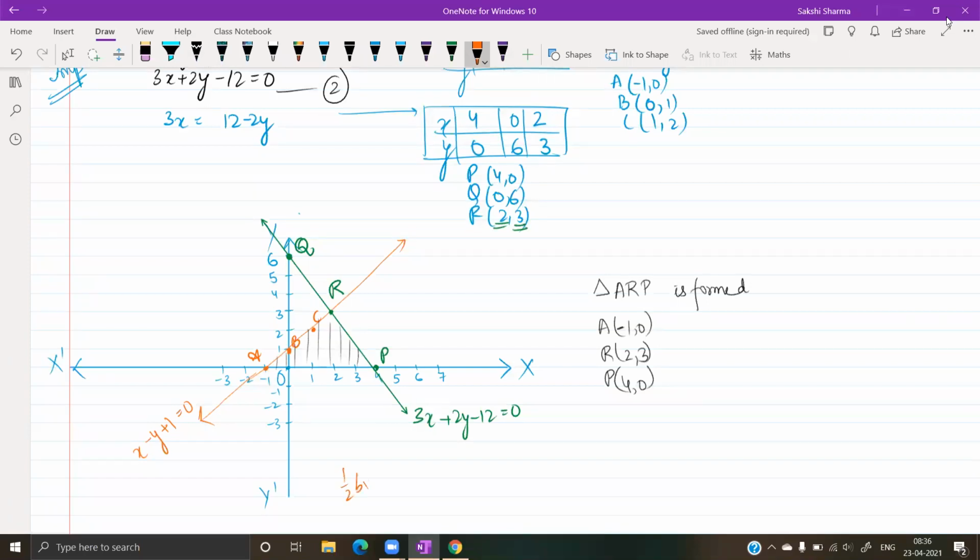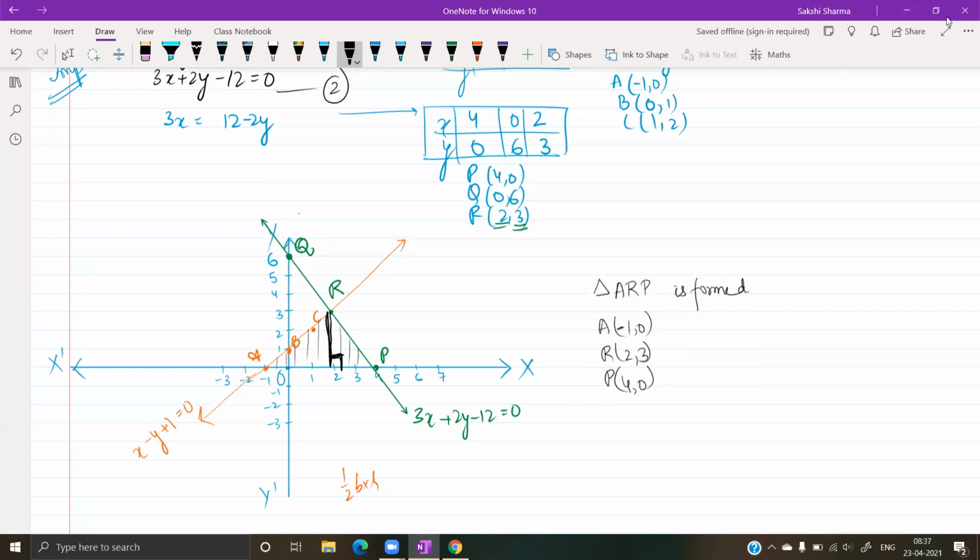You will use the formula half base into height. You can measure the base 5 from AP, and then you can just measure the distance of this vertex R from the base. वहां से आप downwards perpendicular draw कर सकते हो. सीधी vertical line draw करनी है on the base and measure its length. आप वो units count कर सकते हो on the graph sheet. अगर आपने scale लिया है accordingly फिर modify हो जाएगा ये, ध्यान से. यहाँ पे हमारा scale 1 unit is 1, I think, so no change.